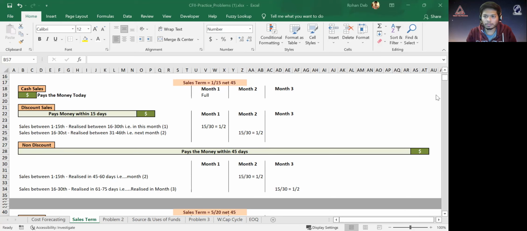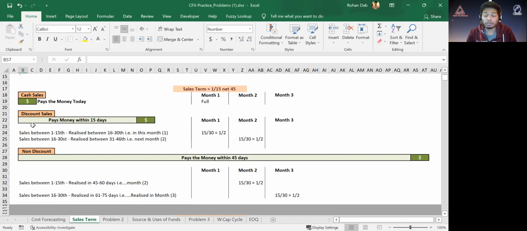Now for the credit sale, this is for those people that are not paying the money back within the discount period. Obviously, if they don't pay within that period, I'm assuming they pay at the end of 45 days. So for sales between 1 and 15, the first day's money will be received after 45 days, which is the 15th of the next month.